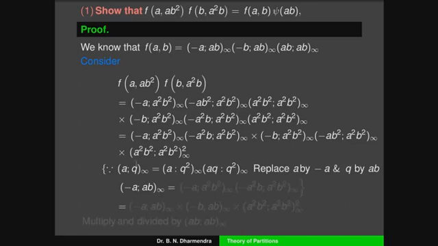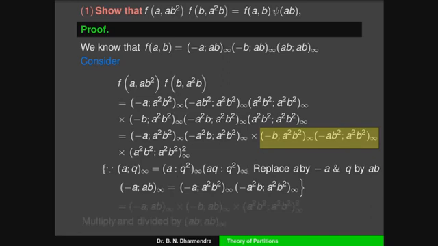The whole product is equal to minus a square b square infinity minus a square b square infinity. So can we predict that the second one is the same term? Now put a by minus b, and also q square we can replace by ab.